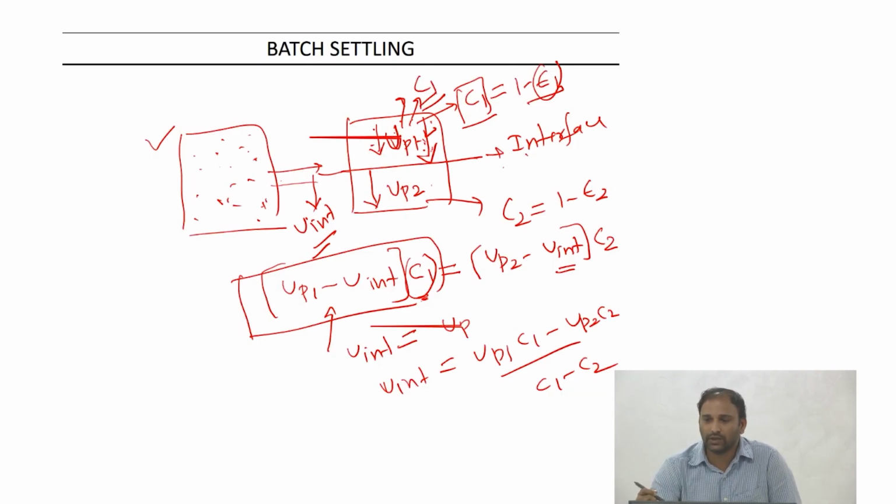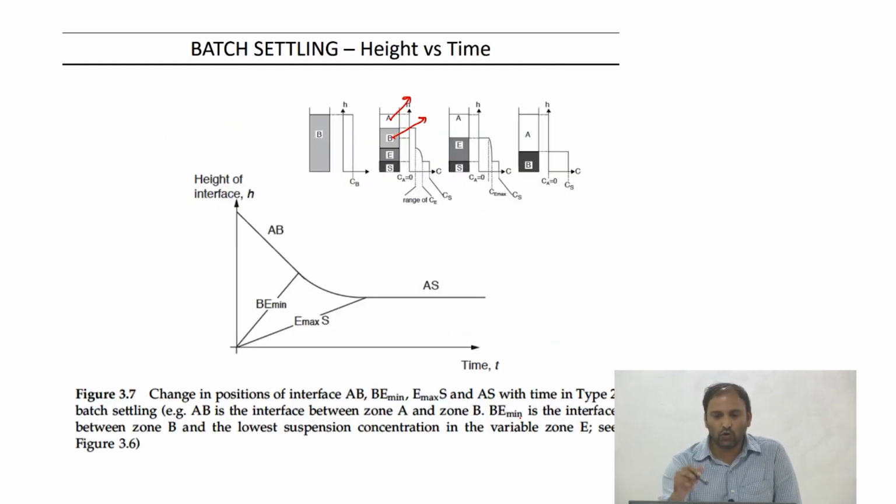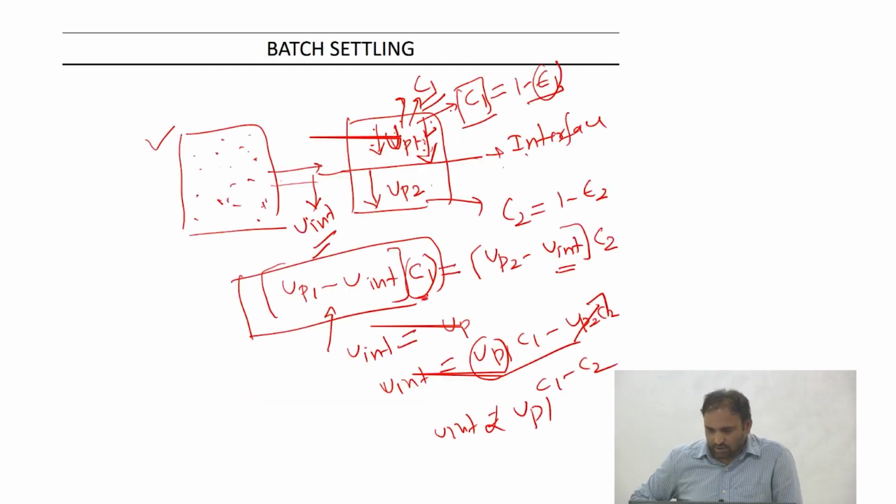Therefore your u_int would be proportional to your u_p1, because if I have an interface which separates a fluid with no particles and a fluid with particles, one of the concentrations is 0.